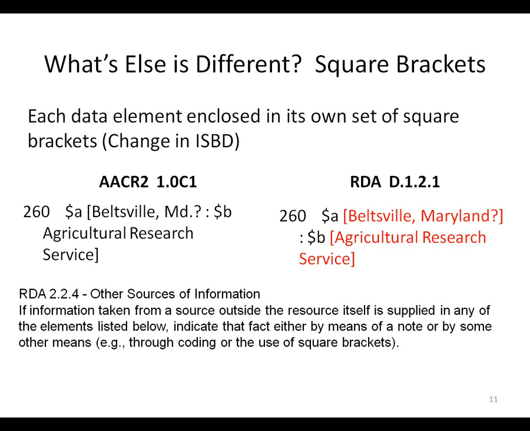So you can see one example, the example of a 260 where there's one set of square brackets around the whole thing because both elements are supplied by the cataloger, versus an RDA where the individual elements each get their own set of square brackets, because we're thinking of things in terms of elements now.